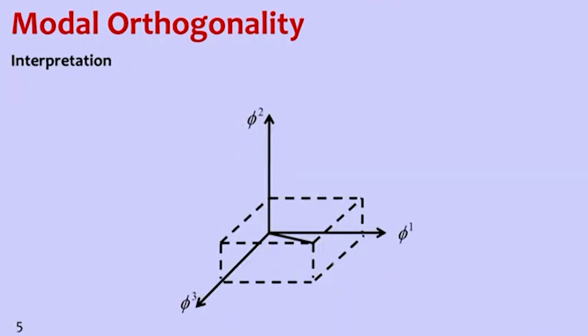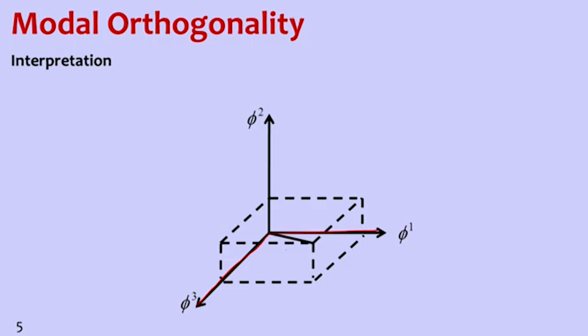So how do we represent that? If we write phi 1, phi 2 and phi 3 here, something like x, y and z, and represent the modal vectors in the coordinate system, then any line you draw for each mode shape in the coordinates, these 3 lines will be perpendicular to each other.